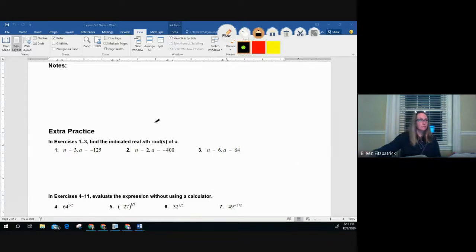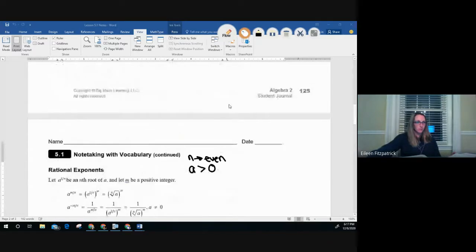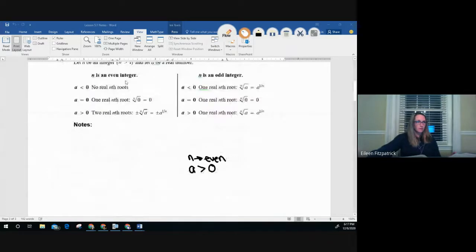Okay, so here n is even, a is greater than 0. So let's scroll up and see what we're supposed to have. If n is even and a is greater than 0, there should be 2 real nth roots.